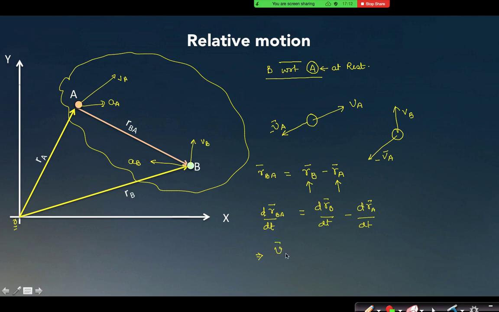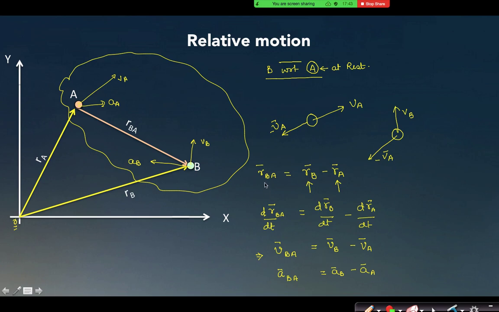Can I say it is the velocity of B with respect to A? What is d/dt of RB? Can I say it is the velocity of B, and minus the velocity of A, right? You can see that the velocity of B with respect to A is equal to the velocity of B minus the velocity of A. Similarly, what is the acceleration of B with respect to A? I can say it is the acceleration of B minus the acceleration of A.